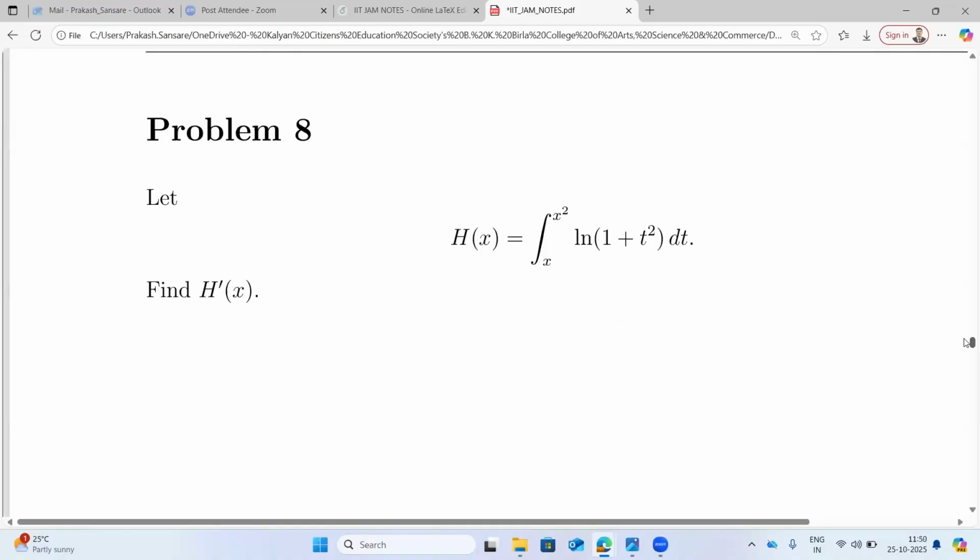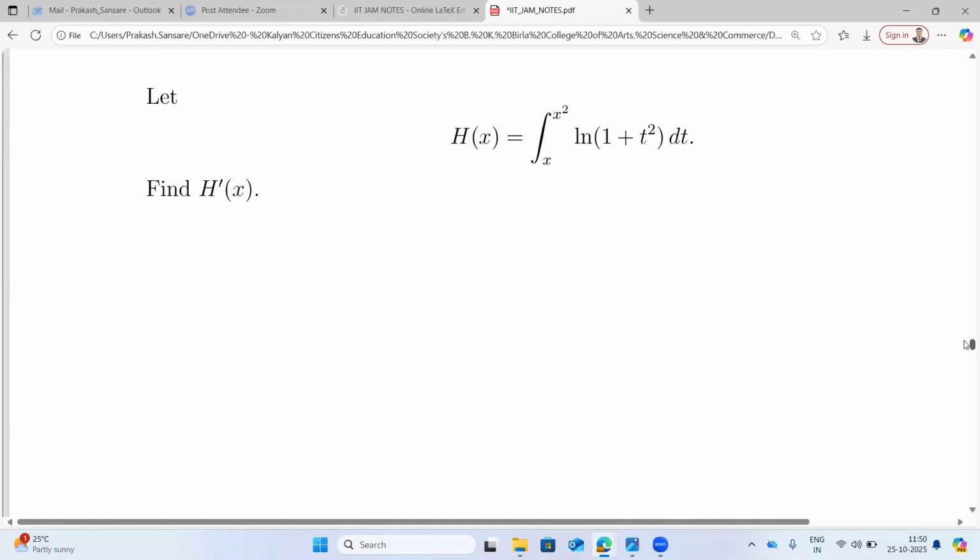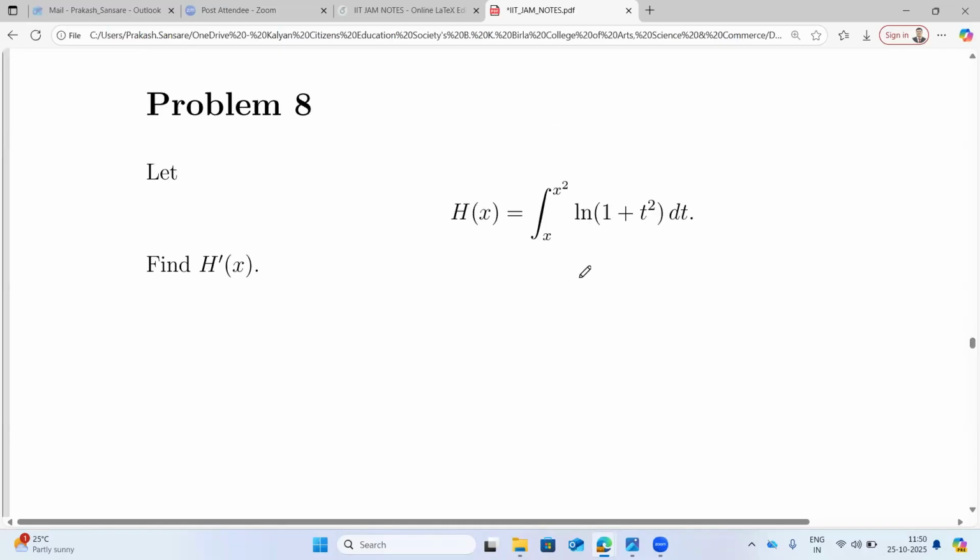There are 2 more problems. I have tried to cover 10 problems. So now can you answer this quickly? H dash x orally? It is basically you substitute x square.